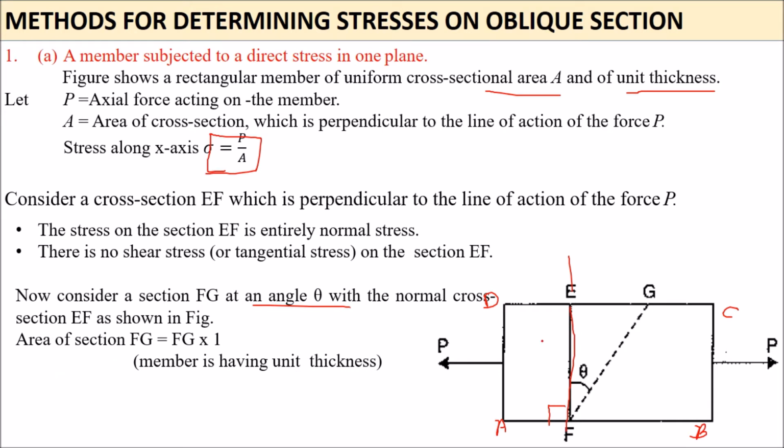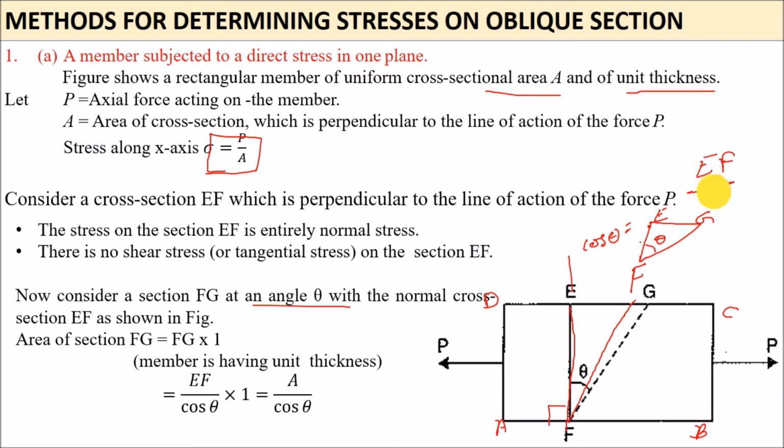Now how much will the area of section FG be? This length into thickness, obviously, so FG into 1, because thickness is unit. Here, if you see this triangle EFG with angle theta, cos theta equals EF divided by FG.